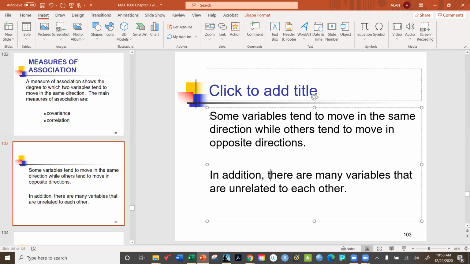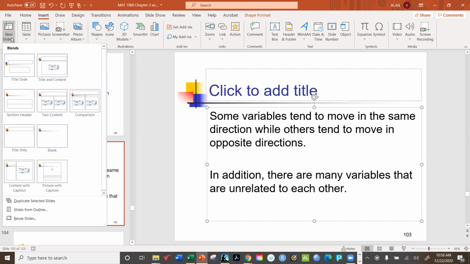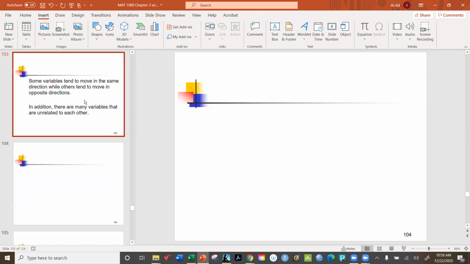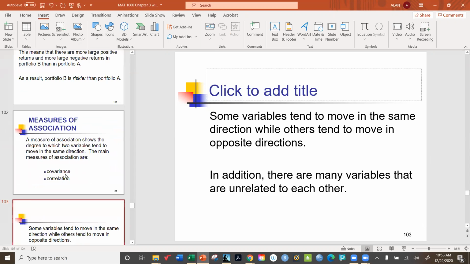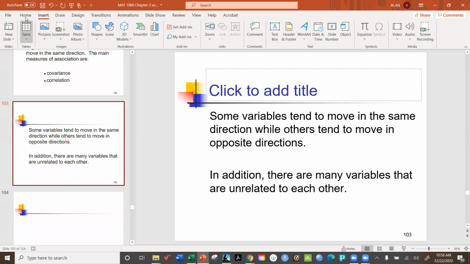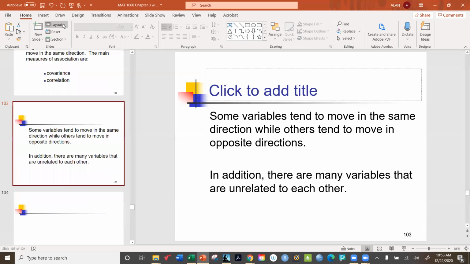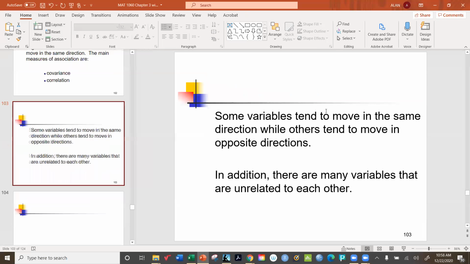So we want to quantify this relationship between them. We want to not only understand the direction, but the strength of that relationship. Okay, and that's what these measures will enable us to do, to capture the strength and the direction.